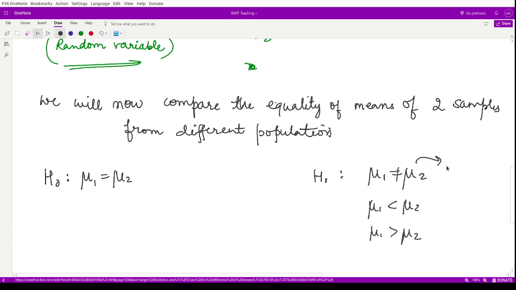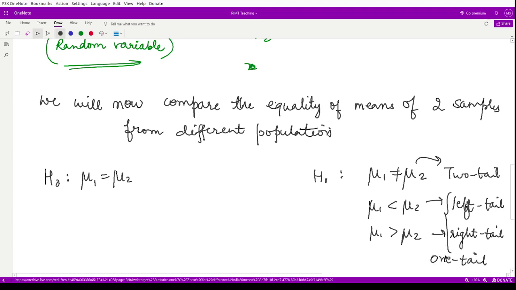If this is the case, we have a two-tailed test. If this is the case, we have a left-tailed test, right? And in the third case, we have a right-tailed test. These last two are both one-tailed tests. Okay, so these are the hypotheses.